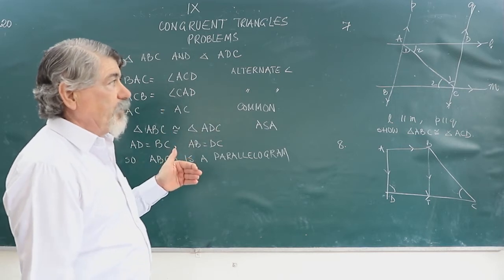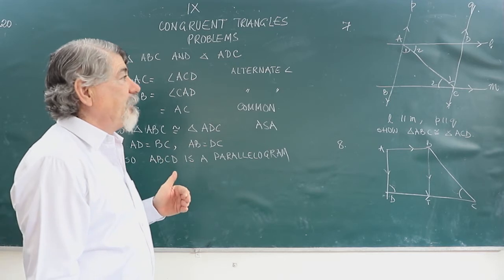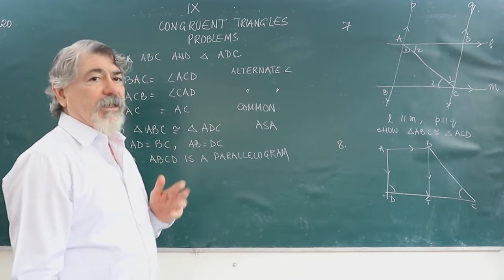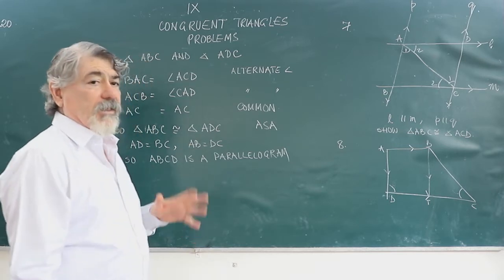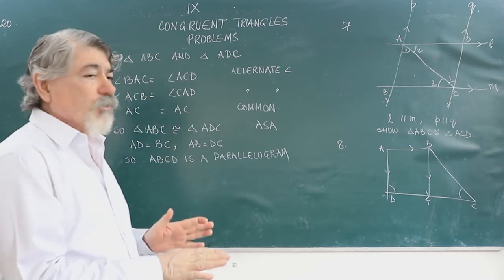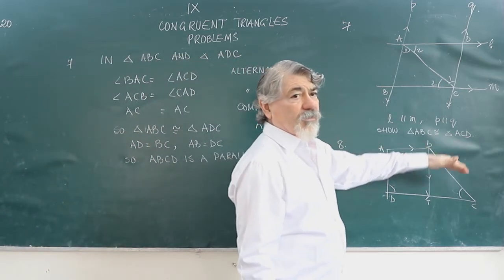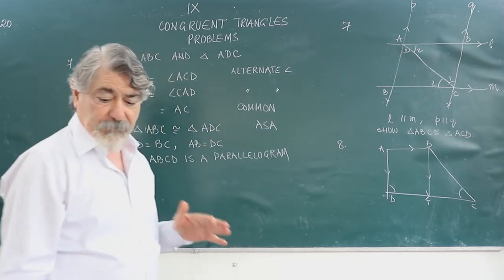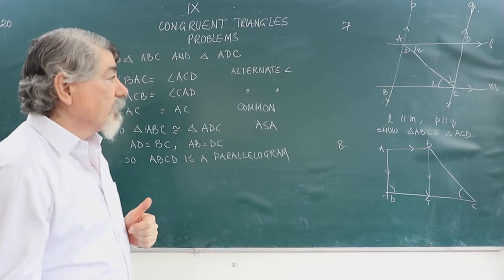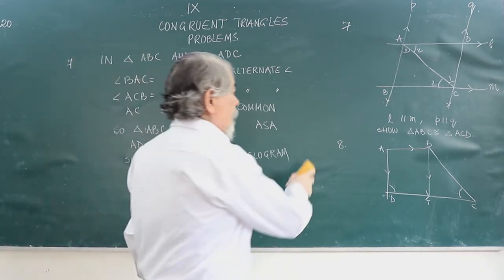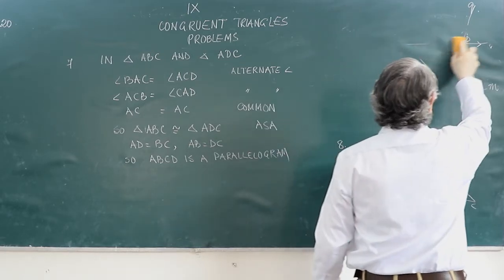If I join D to B also, I can prove that triangle ADB is congruent to triangle BCD, and they will be equal in area. This is one of the important properties of a parallelogram. It was not asked, it was only asked to prove these two triangles congruent. We have done that, but along with that we have brought out this important property of the parallelogram for you. Now let us see the last question, question number 8.